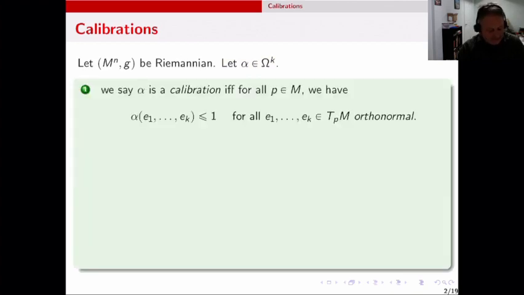Then we'll say alpha is a calibration if and only if, for every point in the manifold, if we plug in k orthonormal tangent vectors to M at that point, we get a real number that's less than or equal to 1. And of course, if we then replace one of these vectors by its negative, it follows that this is also greater than or equal to minus 1 for all k-tuples of orthonormal tangent vectors.